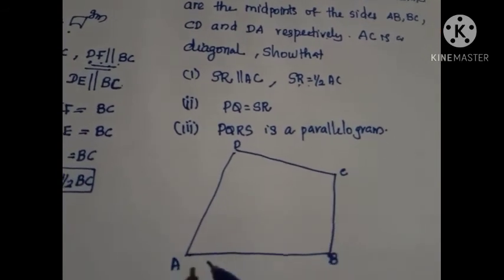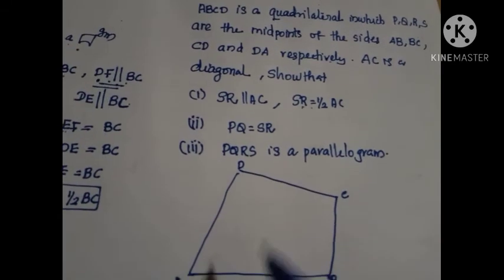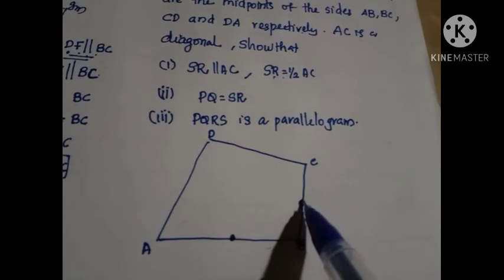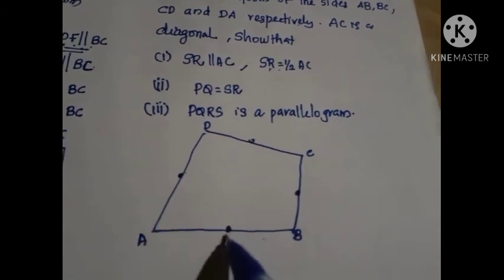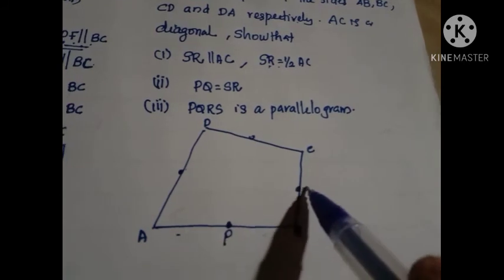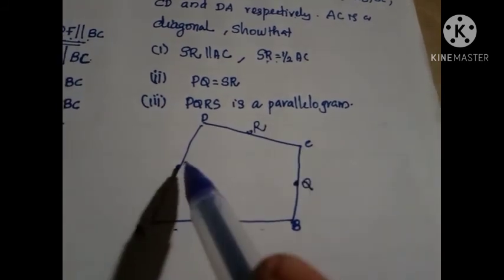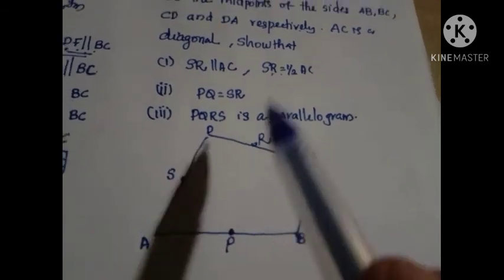Okay. See the figure. ABCD is a quadrilateral, a four-sided closed figure. P is the midpoint of AB. Q is the midpoint of BC. R is the midpoint of CD. And S is the midpoint of AD.